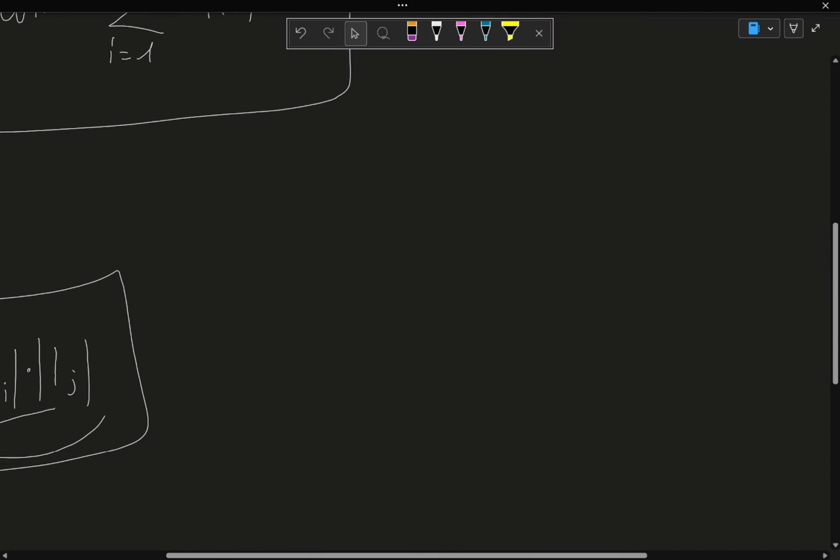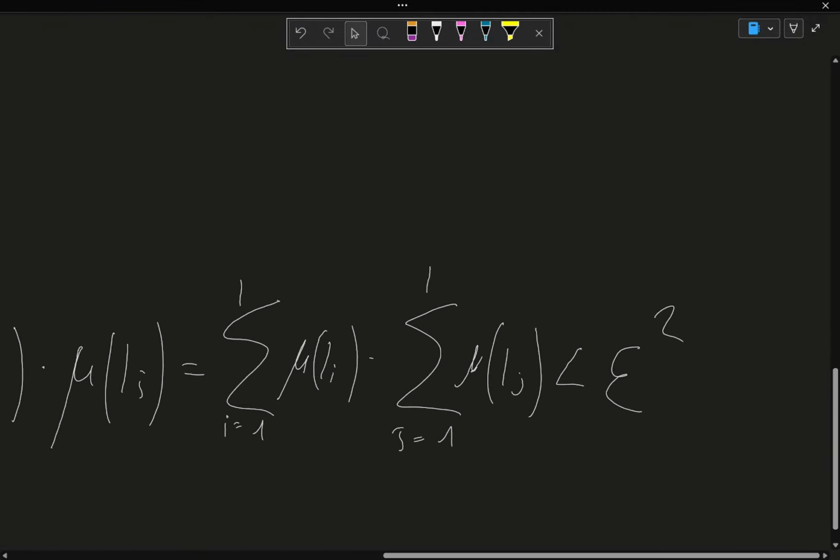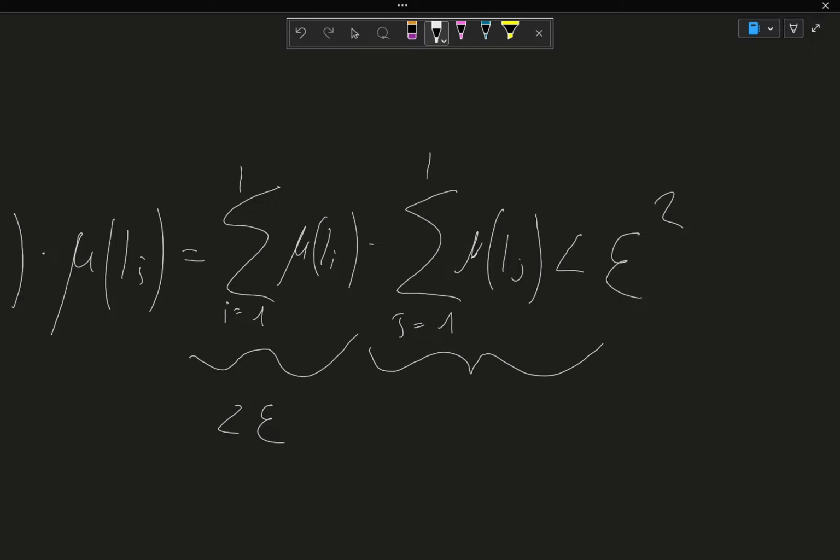But don't forget, we just split the Cartesian product of our covers into two separate covers. So this part is less than epsilon, and this part right here is less than epsilon. The product of epsilon and epsilon is epsilon squared, and we know now by definition that psi times psi is also Jordan-Null.